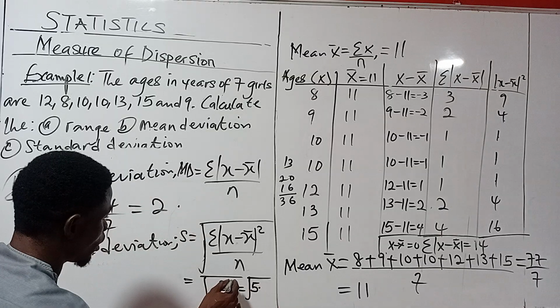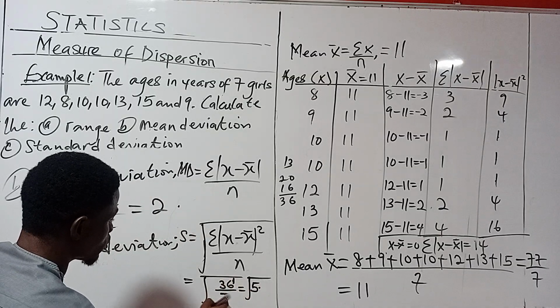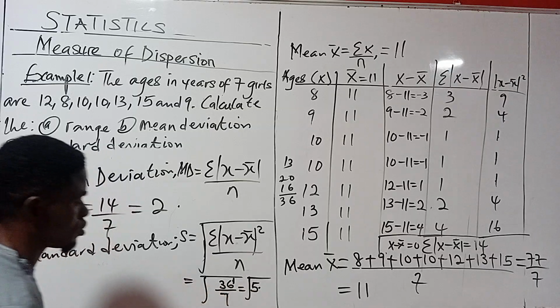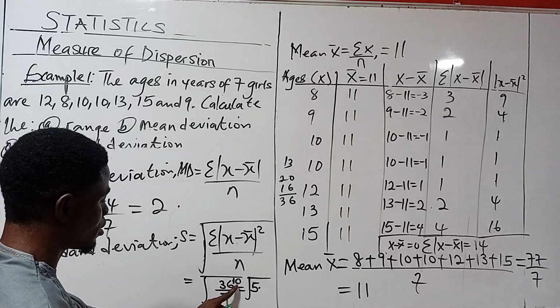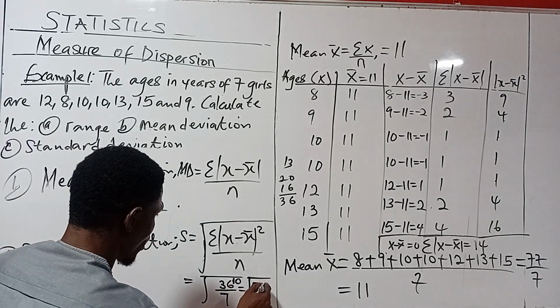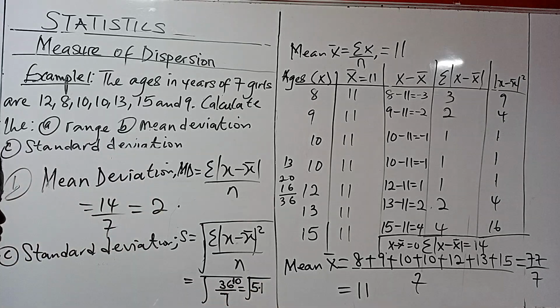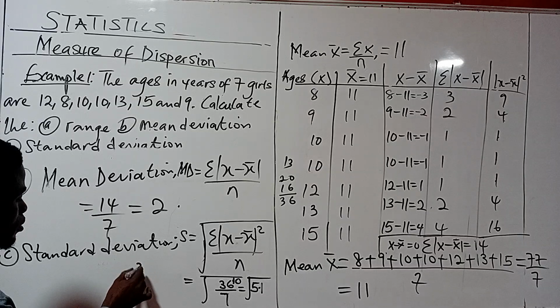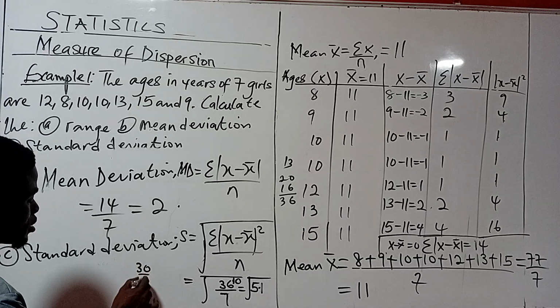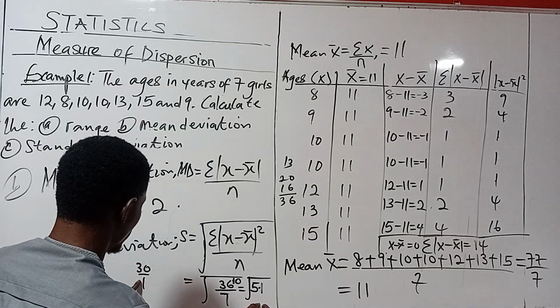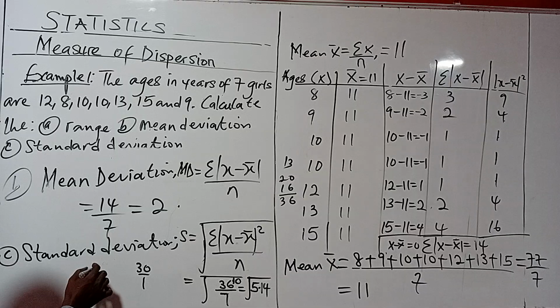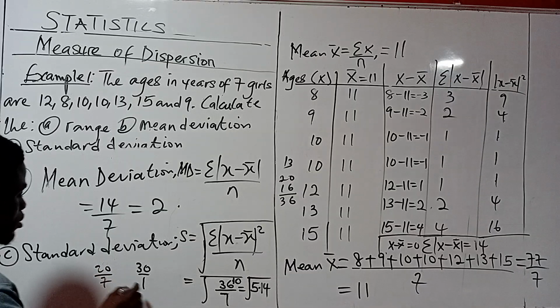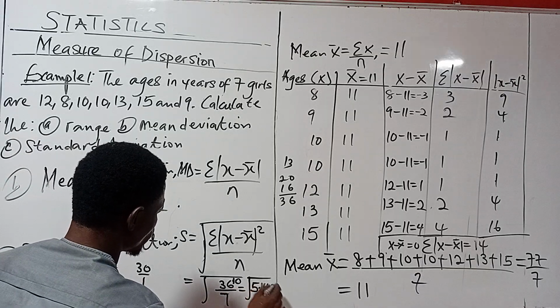When you have 1 left, 7 cannot go into 1, so we make it 10. How many 7s in 10? That should be 1. When you have 3 left, so 30. How many 7s in 30? It should be 4. When you have 28, you have 2 left. 7 in 20 should be what? 2.